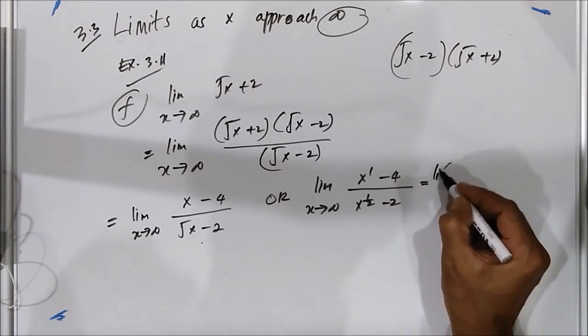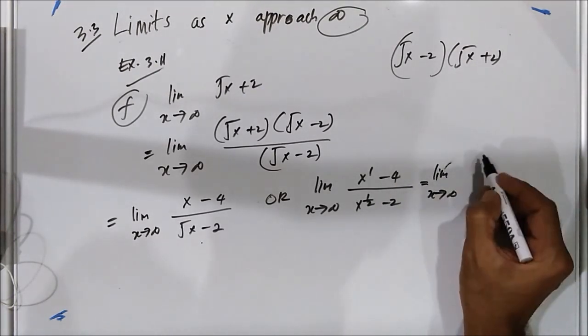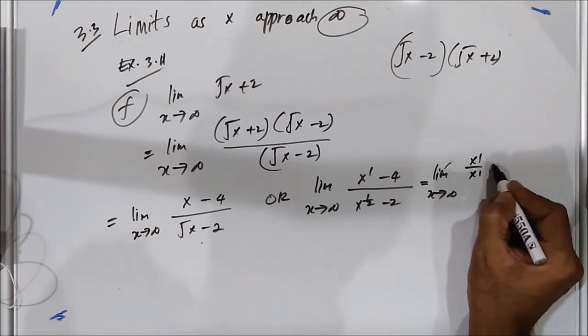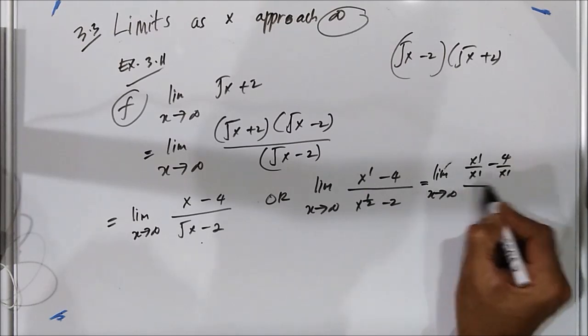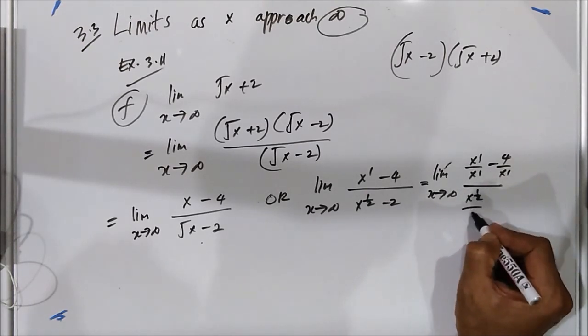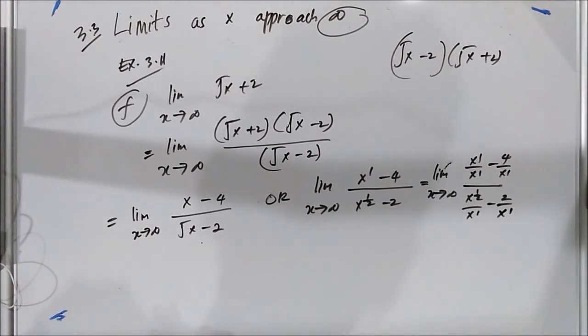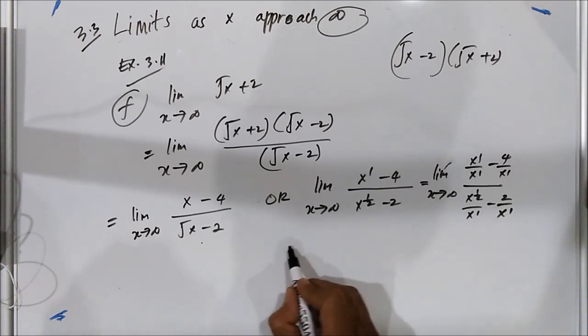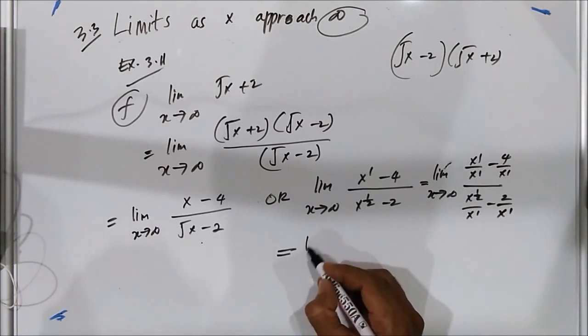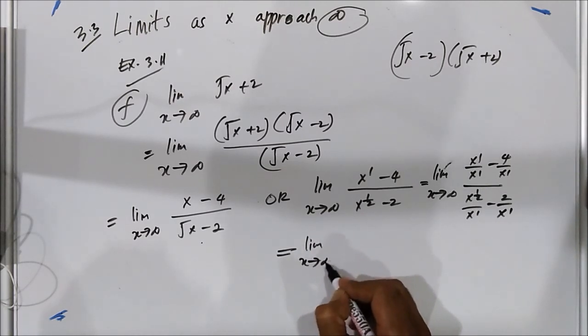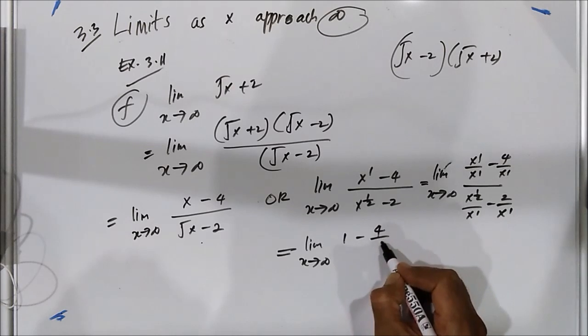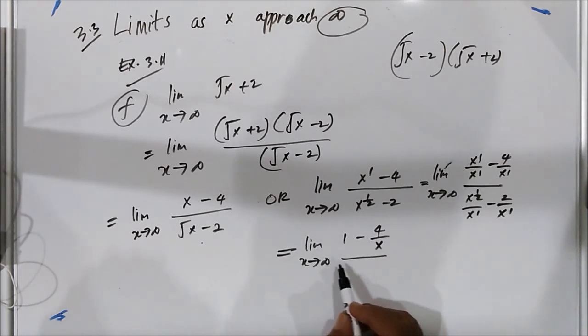So put here the limit as x approaches infinity of x raised to 1 divided by x raised to 1 minus 4 divided by x raised to 1, over x raised to half divided by x raised to 1 minus 2 divided by x raised to 1.